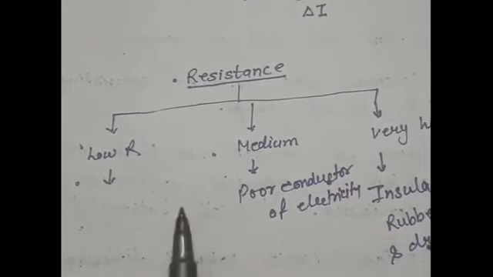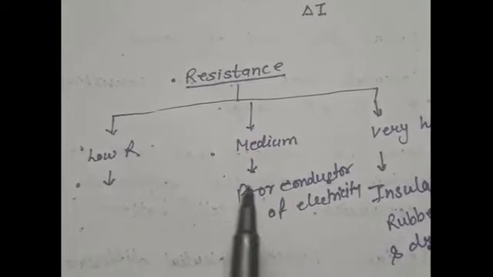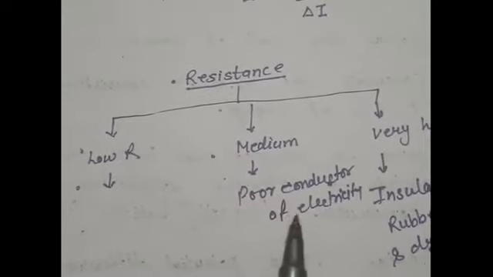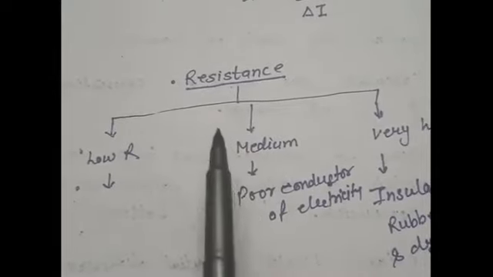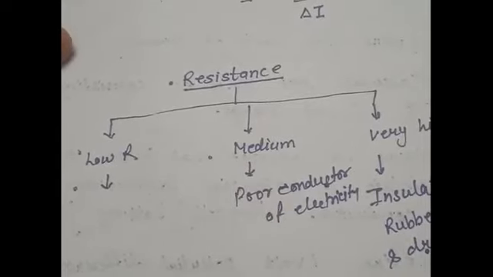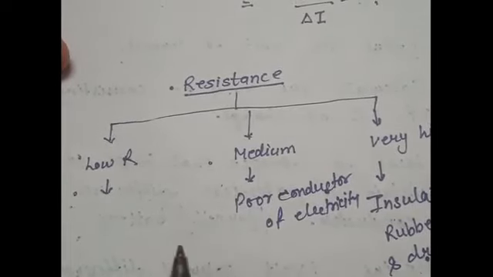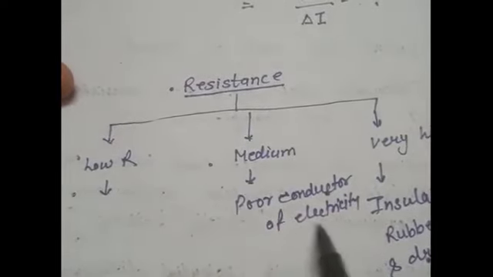The charge, or you can say the electrons, which drift from one point to another under the effect of potential difference applied across the ends of the conductor, because of this resistance, the path of the electrons is restricted, and because of that only a few electrons, or a very small amount of charge, are able to flow through it, and because of that, that material is called a poor conductor of electricity.